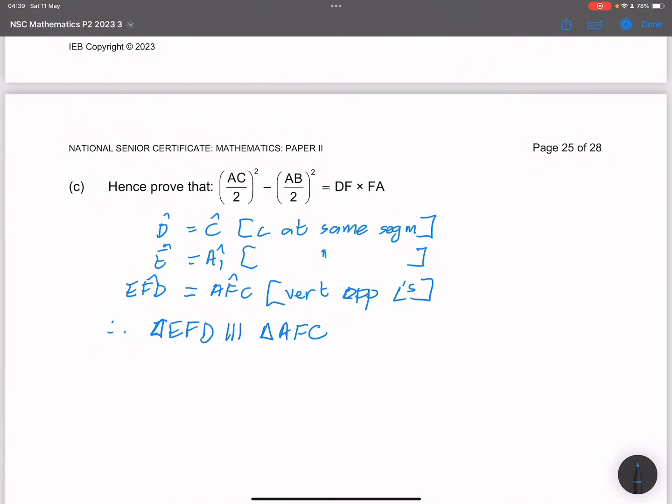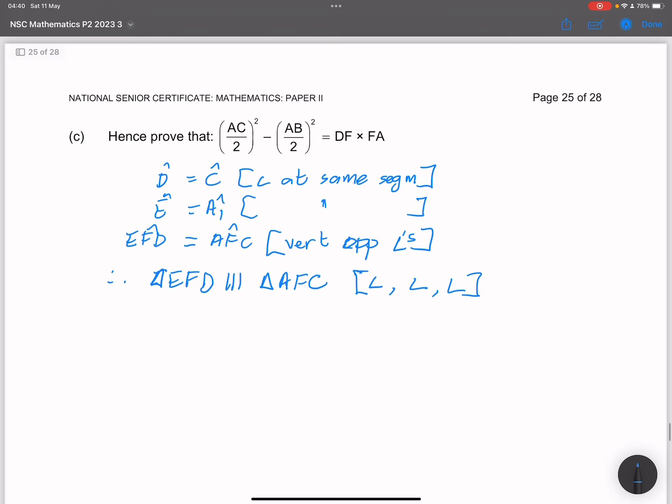Very important, ladies and gents, to put the vertices that are equal to correspond with each other. So in this case, we said this is because of angle, angle, angle yet again.